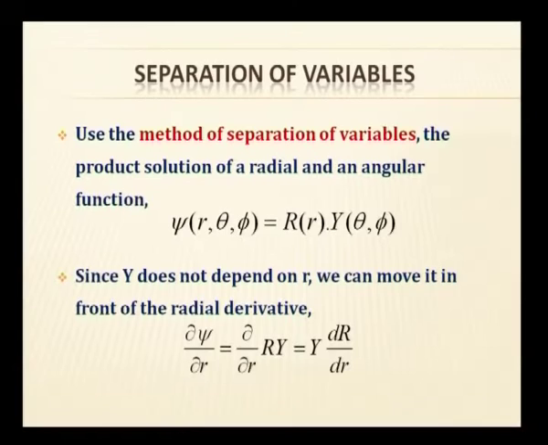As I told you, the Schrodinger equation, which is made up of r, theta and phi, can be solved by the method of separation of variables, wherein we separate the equation into 3 equations, one involving r only. It is called the radial part of the Schrodinger equation, the other involving theta, the third one involving phi.